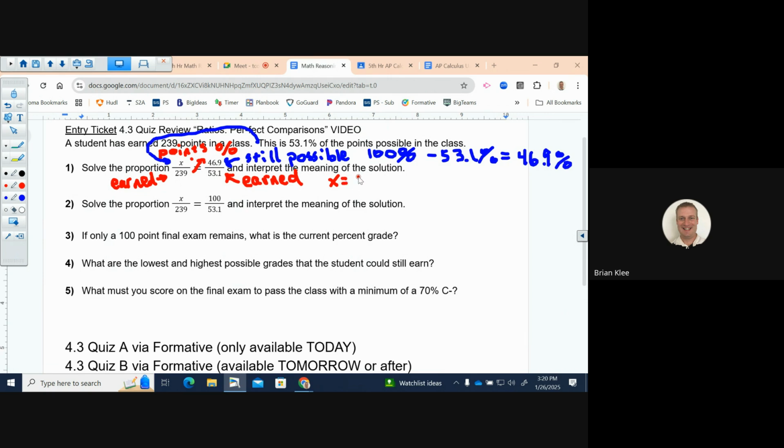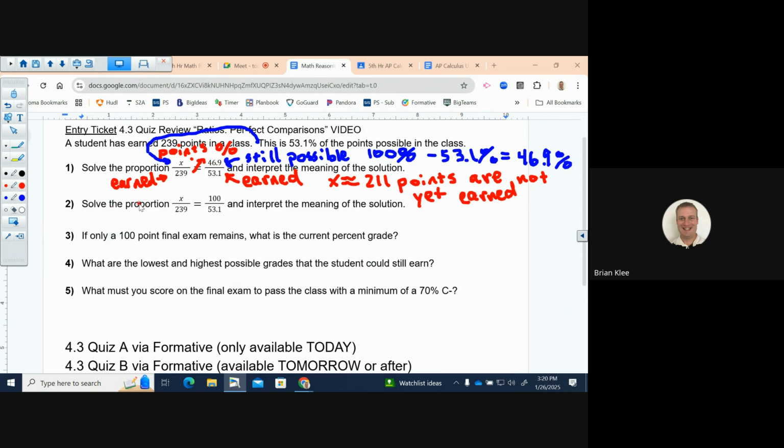X ends up being approximately 211 points that are not yet earned. So again, really ask yourself what's on the top and bottom of the ratios, aka fractions.